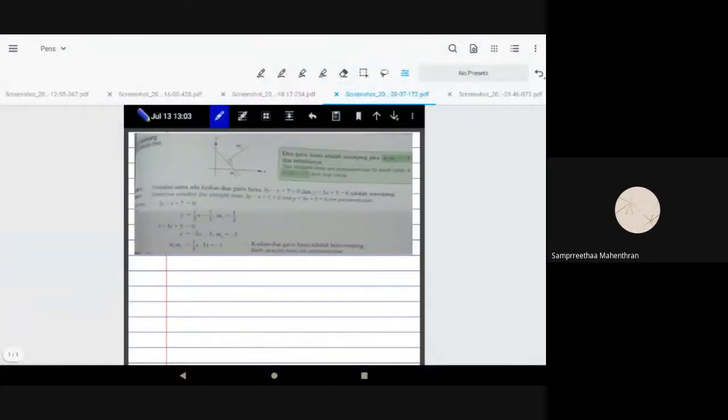So as I said before, if the lines are perpendicular, the gradient will be m1 m2 equals -1, or we can also write m1 equals -1 over m2. So both are accepted.